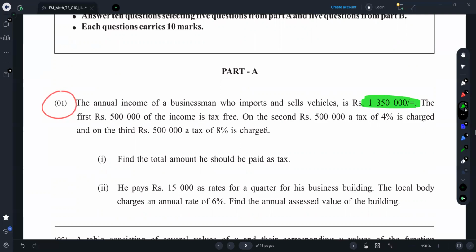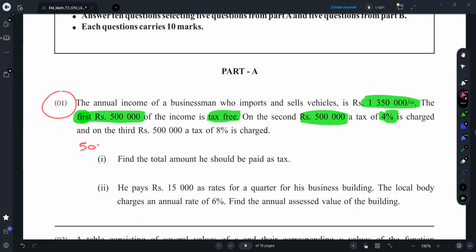The first 500,000 rupees of the income is tax free. පළවෙනි ලක්ෂ 5 tax වදින්නේ නැහැ. On the second 500,000 rupees, a tax of 4% is charged. And on the third 500,000, a tax of 8% is charged.